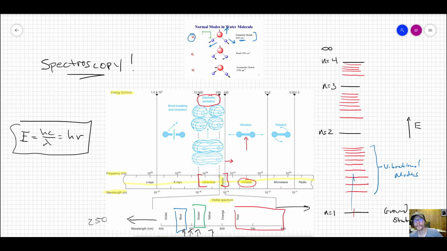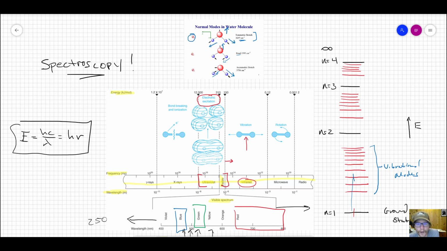The molecule can also have this bend mode where the angle between the hydrogen-oxygen-hydrogen bonds actually gets smaller, so they sort of bend towards each other, and then the oxygen moves away. And then we have this weird one, the asymmetric stretch, where the oxygen and one hydrogen come close together, and at the same time the other one moves away. And so you essentially have something that's going like this on the water molecule.